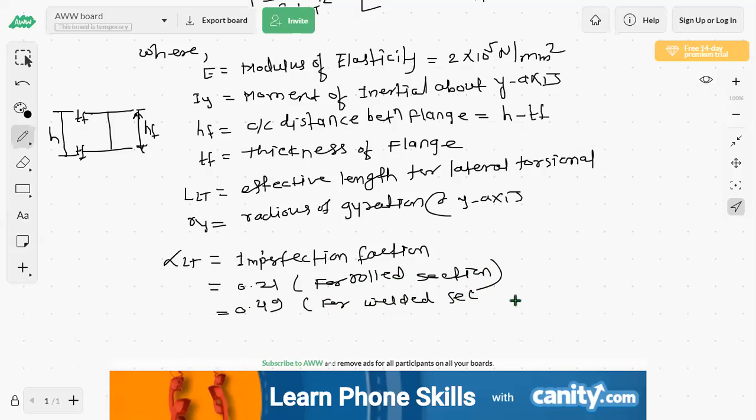So rolled section means whatever section we have taken from the steel table.